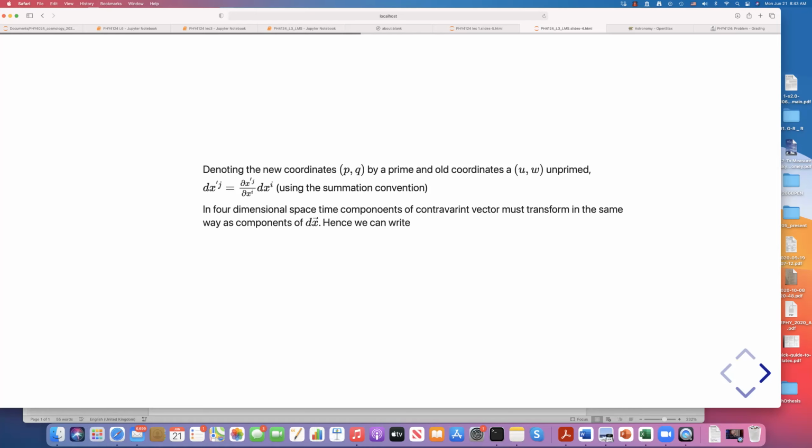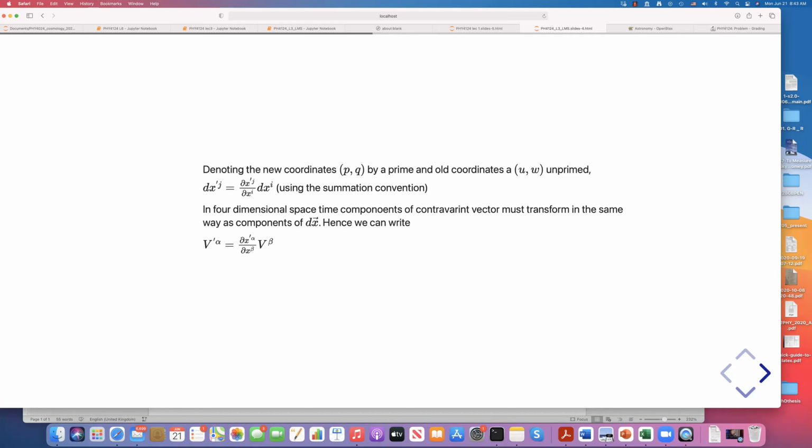Now, if you go into four-dimensional space, then in four-dimensional space-time, the components of a contravariant vector must transform in the same way as the components of dx, right? Hence we can write it in this way. So if you consider four-dimensional space, you have four components, and they should transform in this way, with two different coordinate systems.